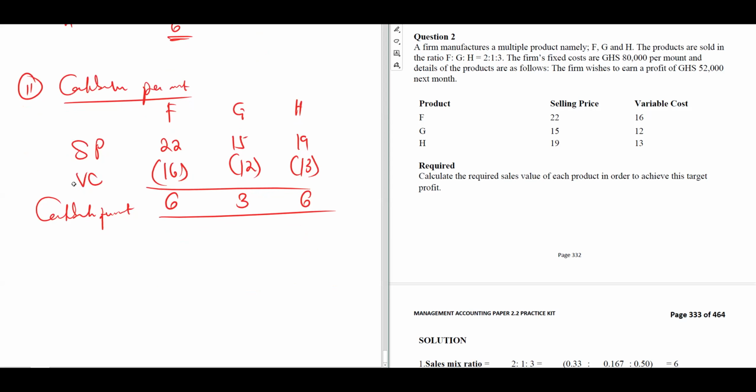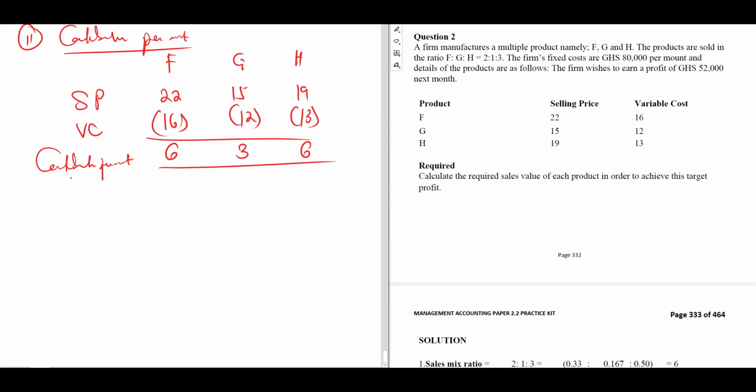What's the next step after contribution?